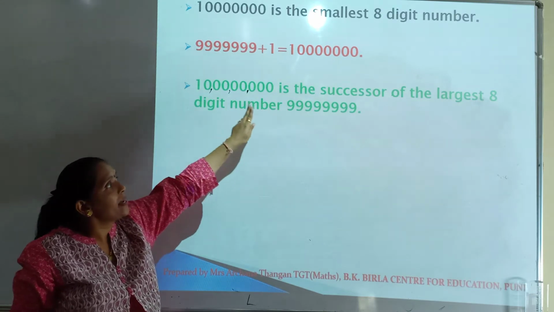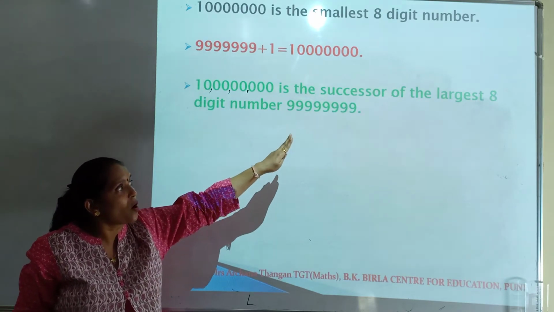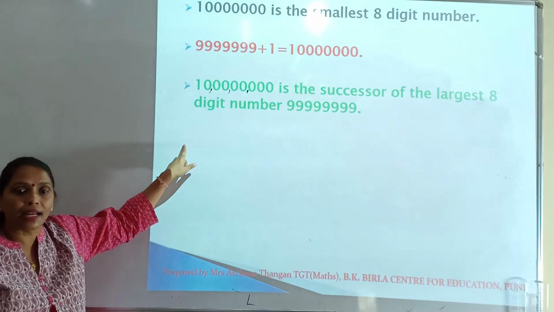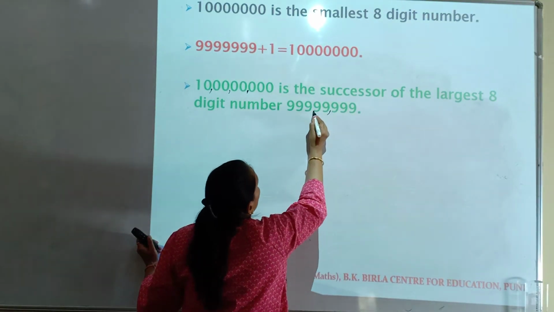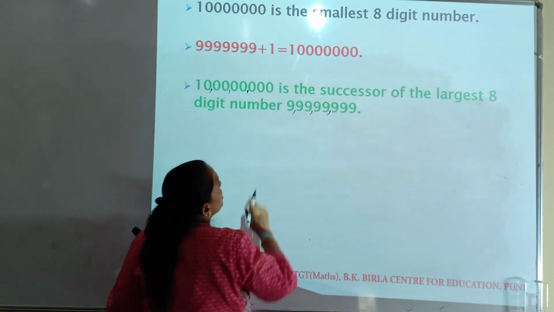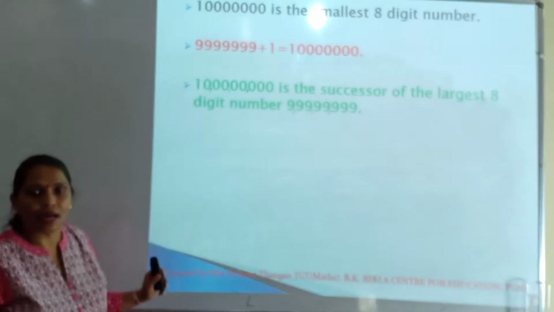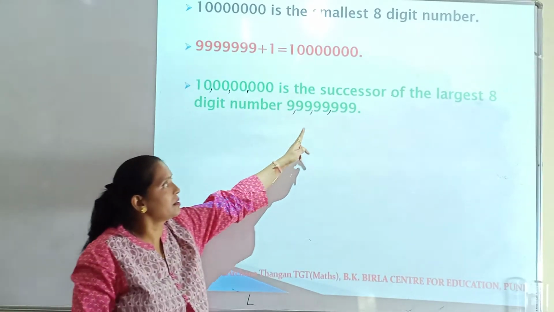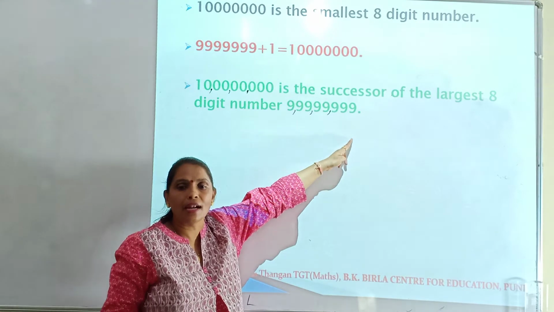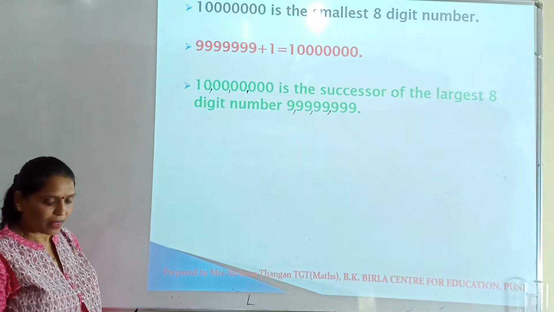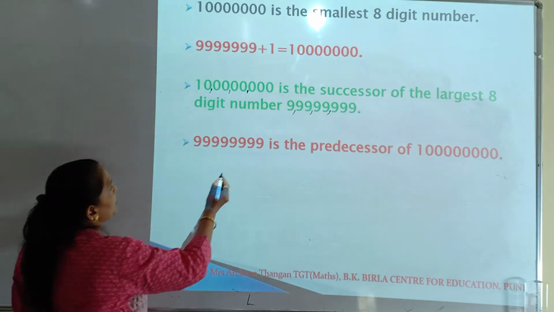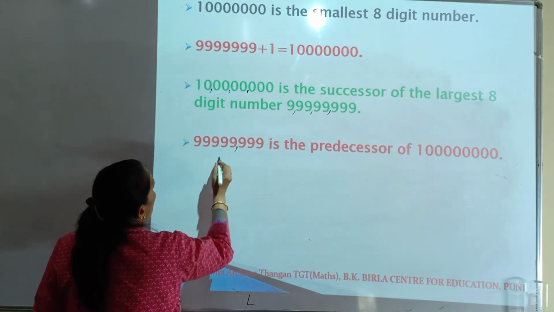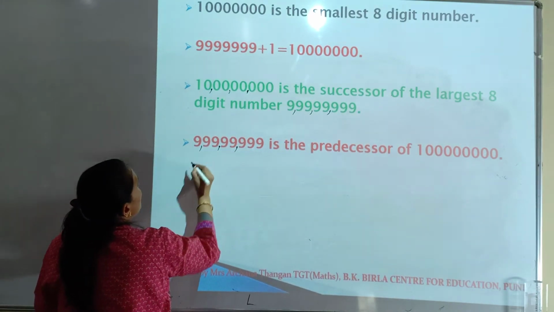10 crore is the successor of the largest 8 digit number. The largest 8 digit number is 9 crore 99 lakh 99,999. I am going to put commas, as it is easy to read the number.